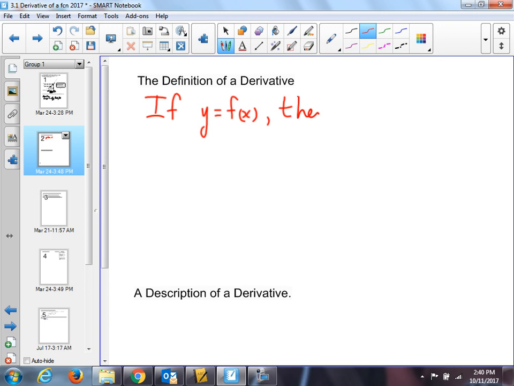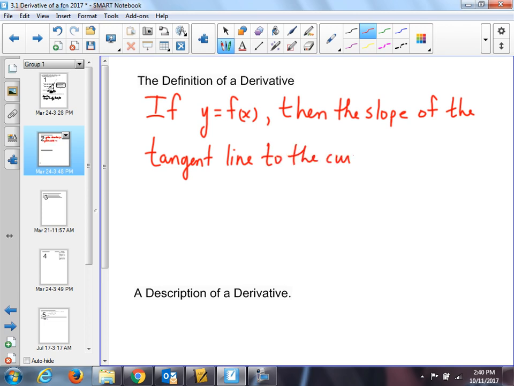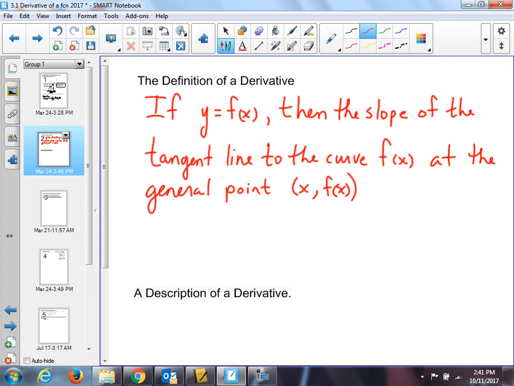Then the slope of the tangent to the curve f of x at the general point x comma f of x is given by, here's the new expression.